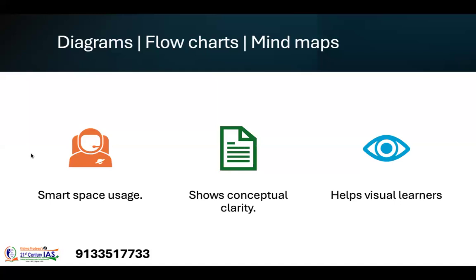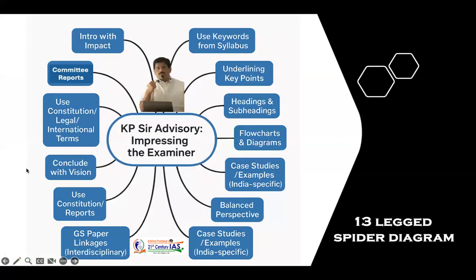So suppose this entire video, when I scripted it, this is how I drafted all the elements of how to impress the examiner. It's a 13-legged spider diagram. I am using this spider diagram to make it more clear for you.